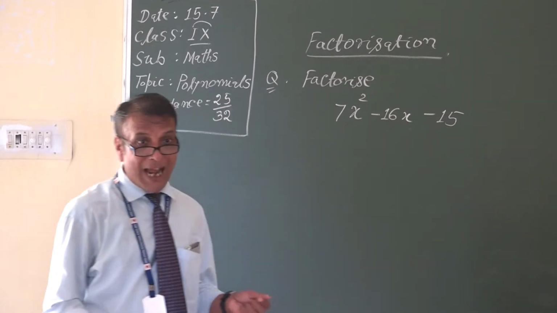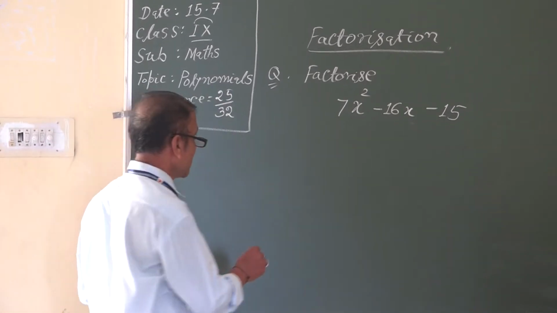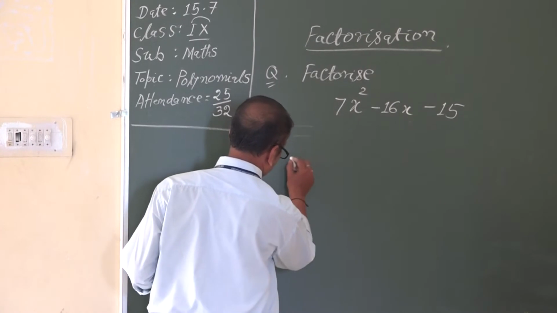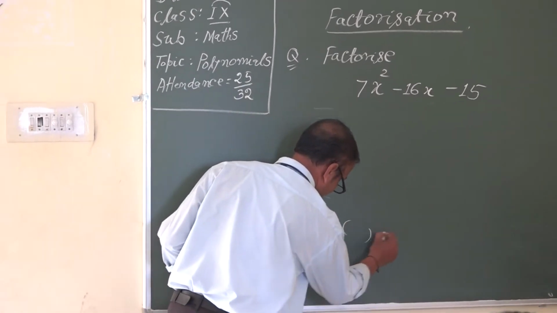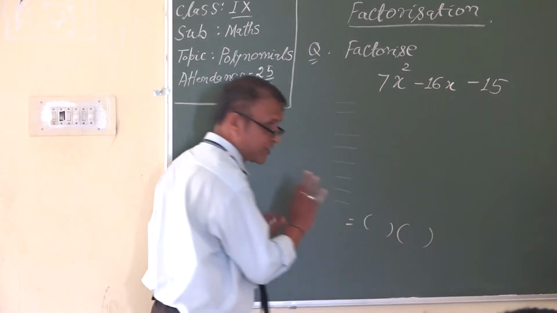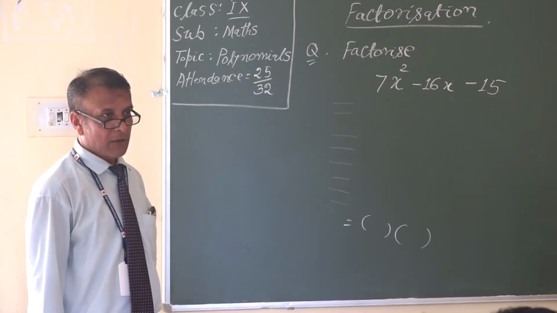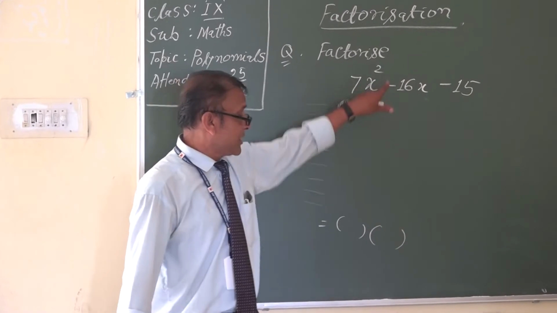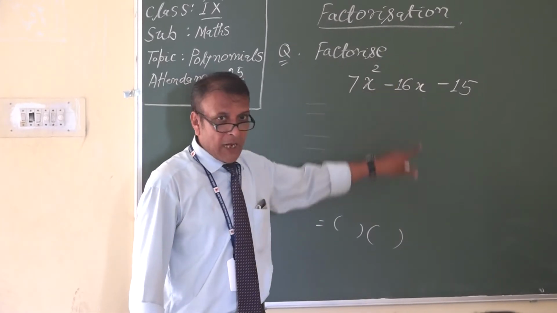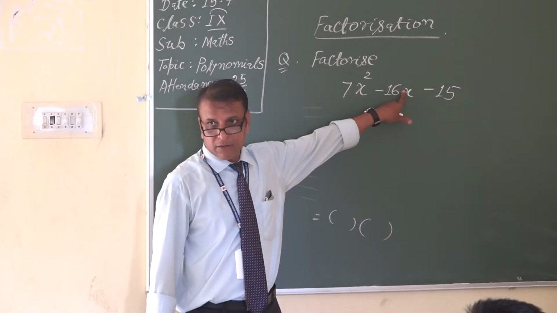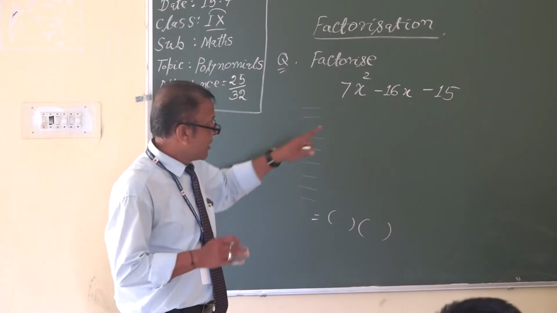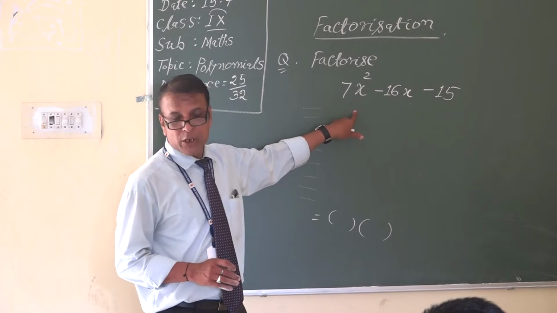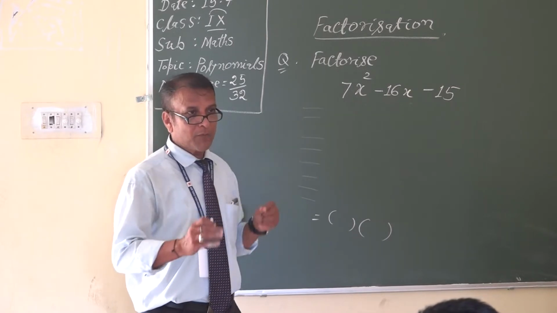We will factorize it, means by simplifying continuously, lastly we will get something into something in this form. This will be a factor of this one and this will be a factor of this one. Factorization means we will write the given polynomial in product form.